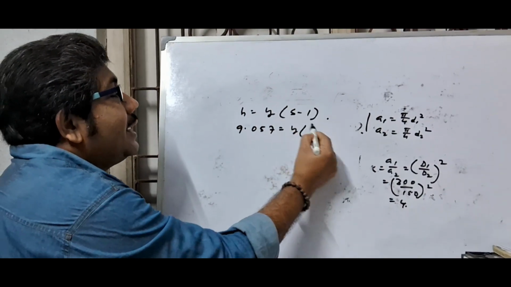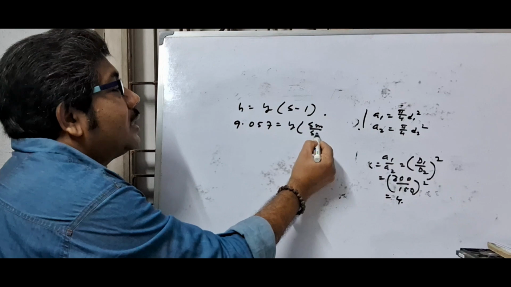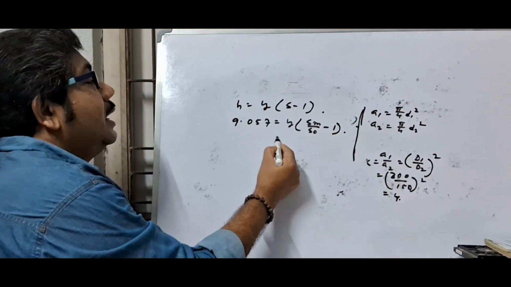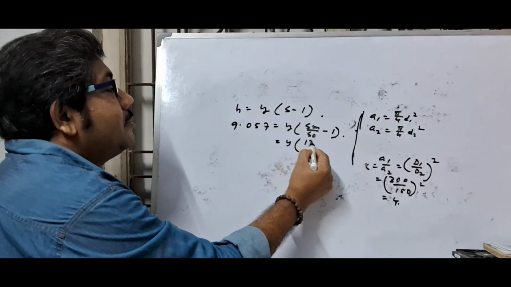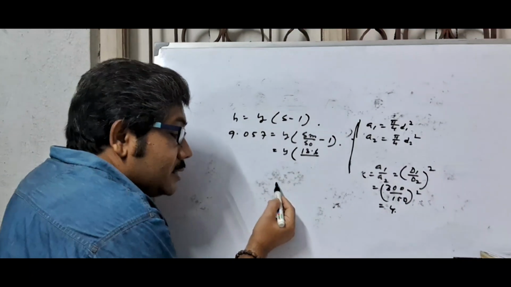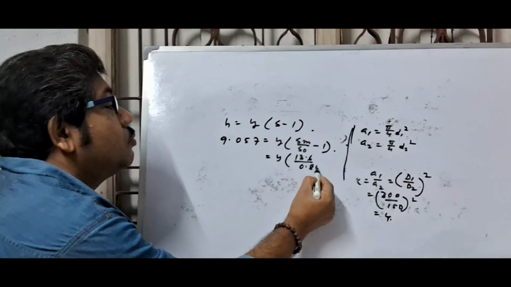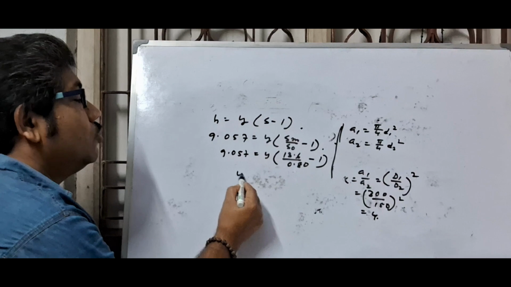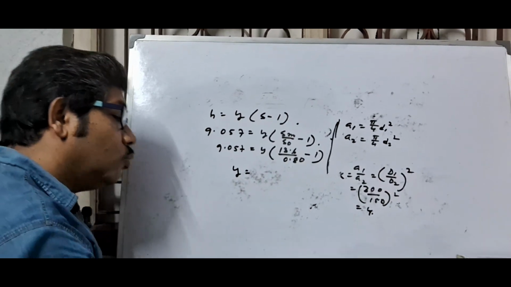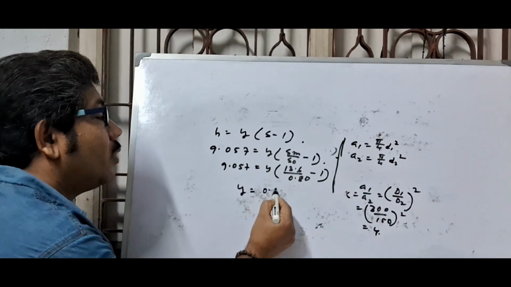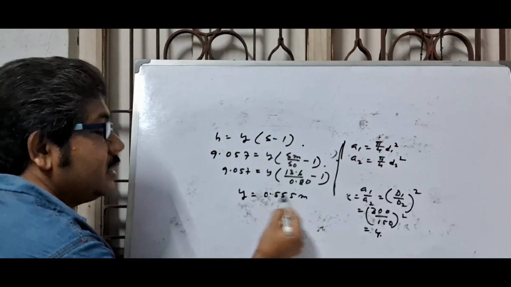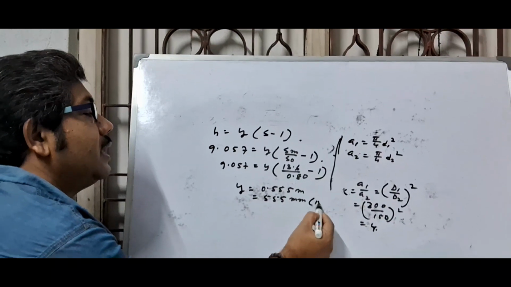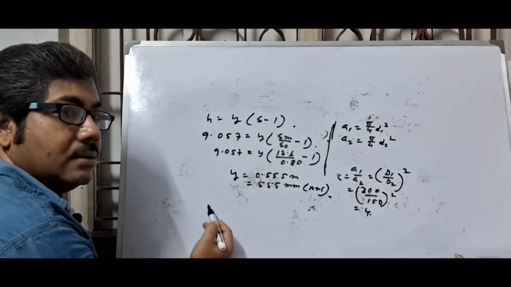S means SM by SO, because this is oil. Here SM is 0.6, and the specific gravity of oil is 0.80. And so here the value of Y will be 0.555 meter. And this will be the answer of the second part.